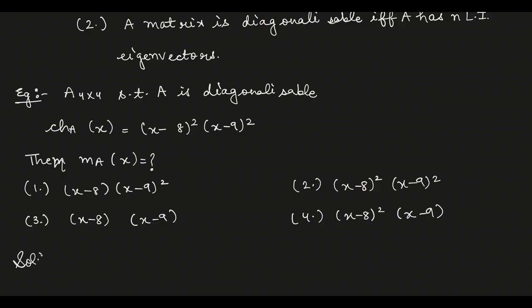Reason? It contains the least factors. Eigenvalues are 8 and 9. AM is 2. Now GM will also be the same because the matrix is given as diagonalizable.